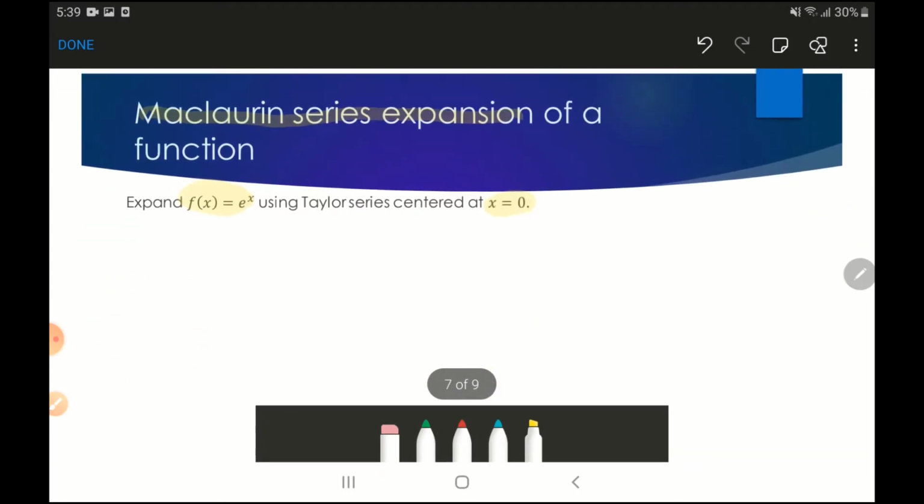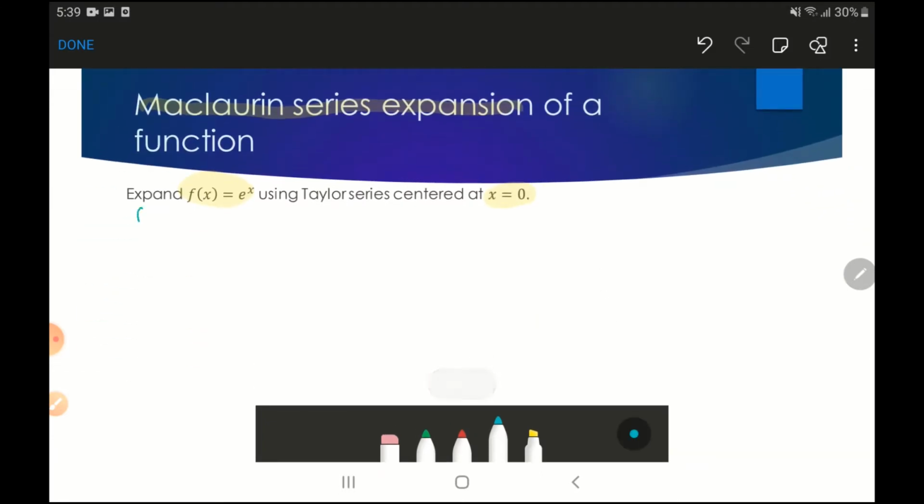So let's make our expansion. We have f(x) is e to the x, f(0) will be e to the 0, which is 1. So f'(x) will be e to the x again, and f'(0) will be e to the 0, which is 1. So any value will be the same.